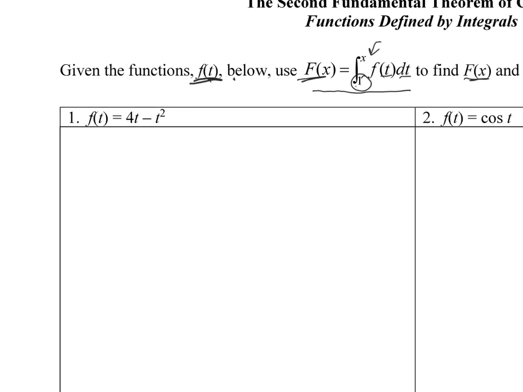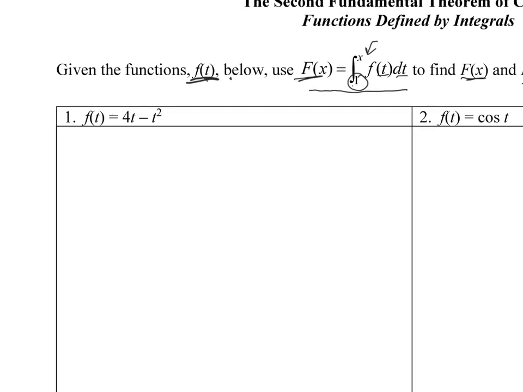So let's see what's happening here. First of all, let's start with big F of x will be the integral from 1 to x of f of t. F of t is 4t minus t squared, with respect to t. When I integrate this, don't be afraid, just do what you know to be true. Integrate this like you would any other time.